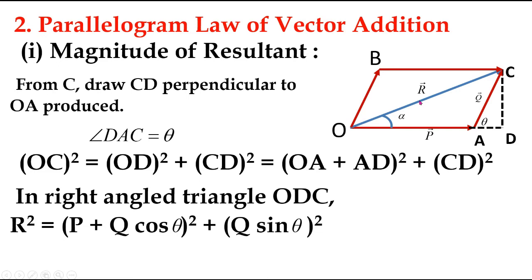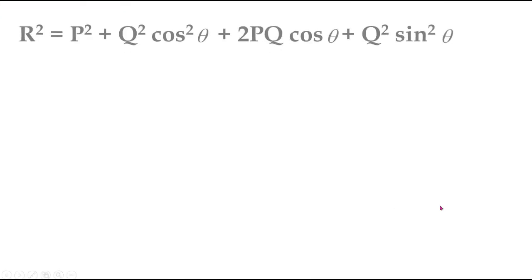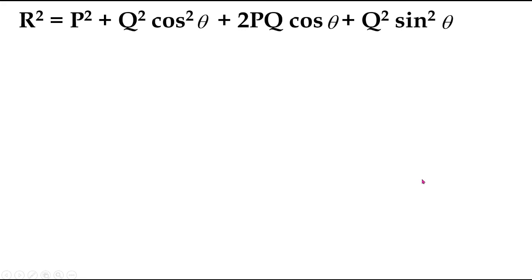The magnitude of the resultant R square is equal to (P plus Q cos theta) whole square plus (Q sin theta) whole square, since AD is equal to Q cos theta and CD is equal to Q sin theta. So R square is equal to P square plus Q square cos square theta plus 2PQ cos theta plus Q square sin square theta.